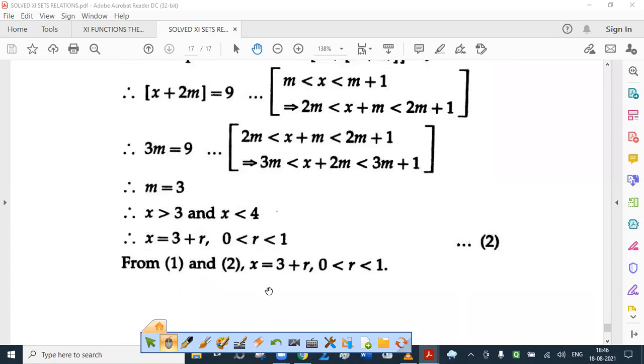Actually, is this answer correct? Because 3 is also the value. So it should have been x equal to 3 or x equal to 3 plus r, or if you want to combine this, then x equal to 3 plus r, 0 less than or equal to r less than 1, because x equal to 3 is also the answer. Okay.